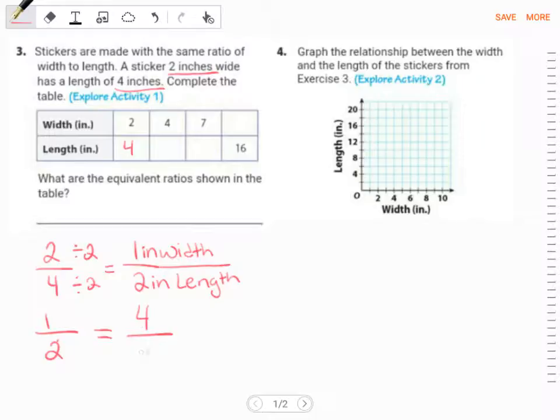If I want my top number to be 4 and I have no clue what my bottom number is, I've got to figure out what you do to 1 to make the 4. So in order to make a 1 into a 4, I had to multiply by 4. And whatever I multiply on the top by, I have to do it on the bottom. So 1 times 4 would have given you 4. 2 times 4 would have given you 8. So down here, we would have had to have 8 for our length.